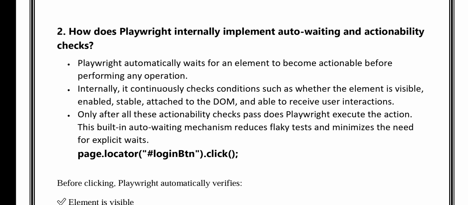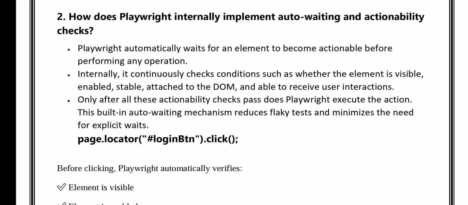The next question goes like: how does Playwright internally implement auto-waiting and actionability checks? Playwright automatically waits for an element to become actionable before performing any operation. Internally, it continuously checks conditions such as whether the element is visible, enabled, stable, attached to the DOM and able to receive user interactions.